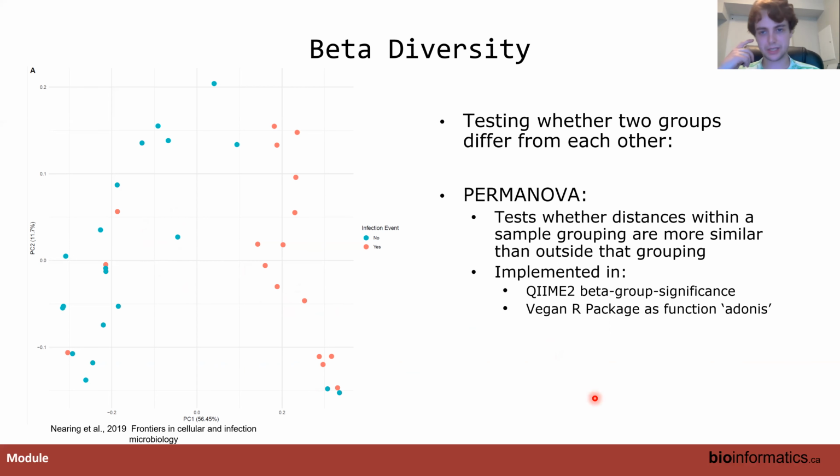The question we want to know is whether these two groups differ in beta diversity, or overall community makeup, depending on whether they had an infection or not. One test we can use is called a PERMANOVA test, and it tests whether the distances within a sample grouping are more similar than outside that grouping, i.e., it helps you answer the question: do these two groups significantly differ in beta diversity?